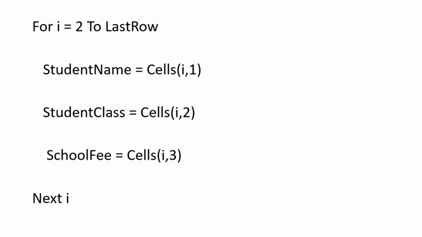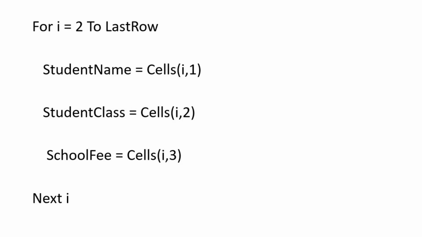Let's look at how we use cell referencing at Rafina Systems. Imagine we are building Rafina School Manager, and student data begins at row 2. Instead of hard coding every row, Range A2, Range A3, Range A4, we would use For I = 2 to last row.